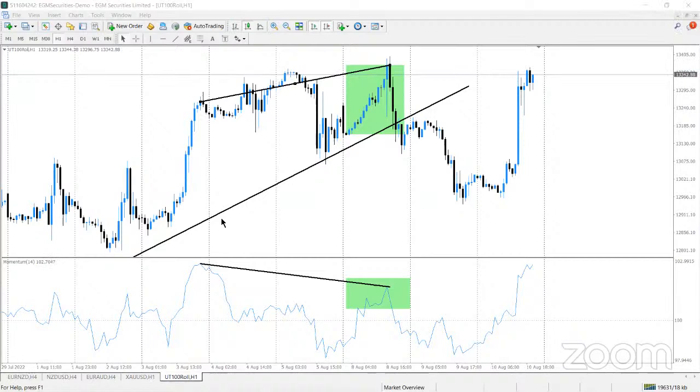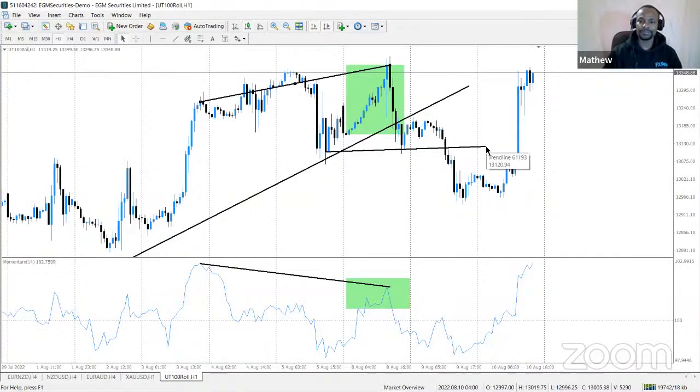Yeah, I think for me, I'd get back to market structure. Divergence gives me an idea that yes, there is a loss in momentum to the upside, but then where exactly should I be looking for confirmation that indeed we are heading lower? So for me, I'd look for a break in structure first, just to confirm that indeed we are changing the trend, or we're moving in the opposite direction.